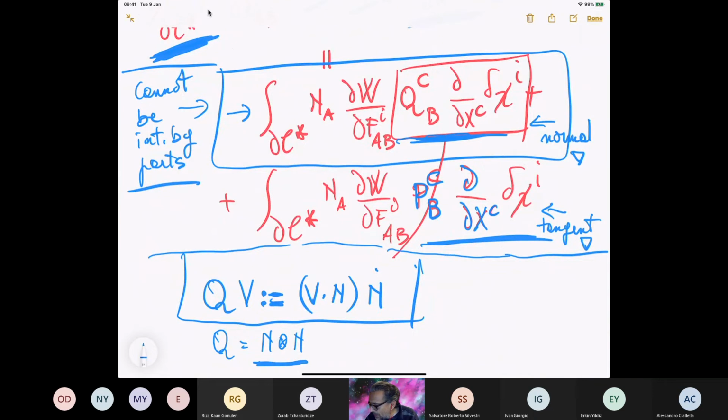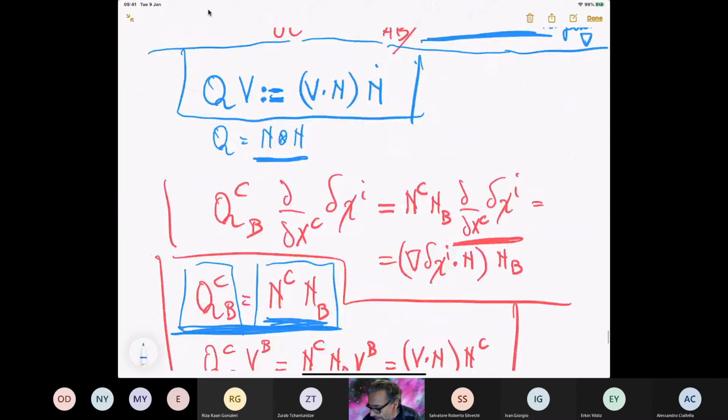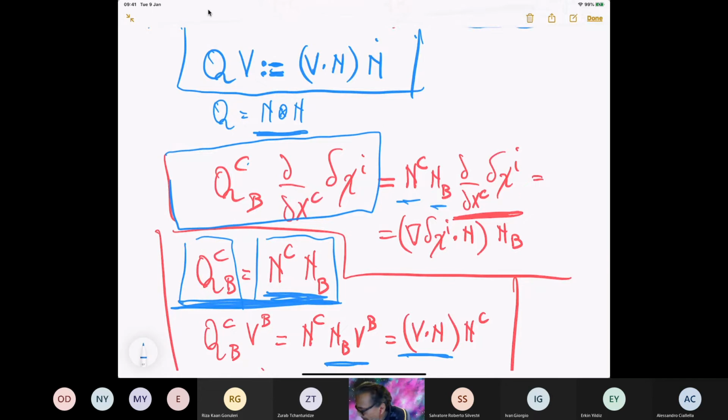And in this term, we have Q_CB d over dx_C δκ_i. So I copy this here. I replace Q_CB with n_C n_B. And I discover that maybe I can move this n_C.